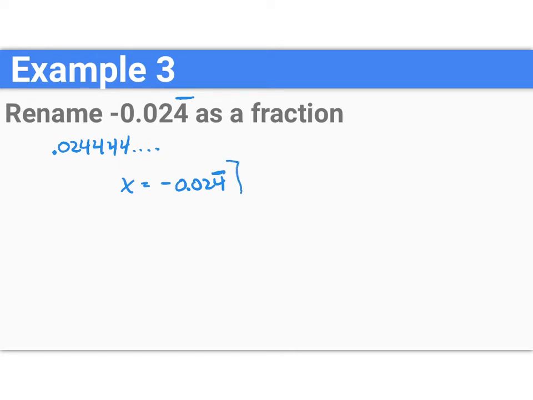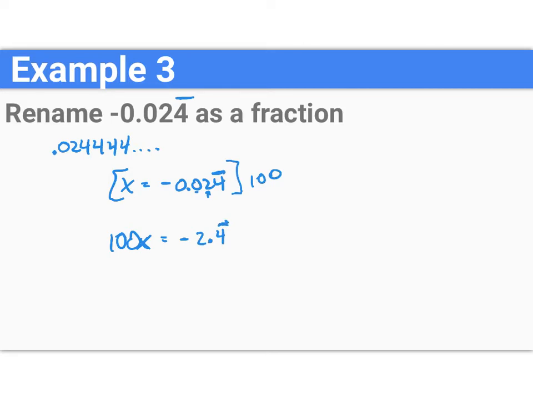So we're going to multiply by everything that is not repeating. So tenths, hundredths, we're going to stop here. We're going to multiply by 100. So you have 100x equals 2.4, the repeating part.